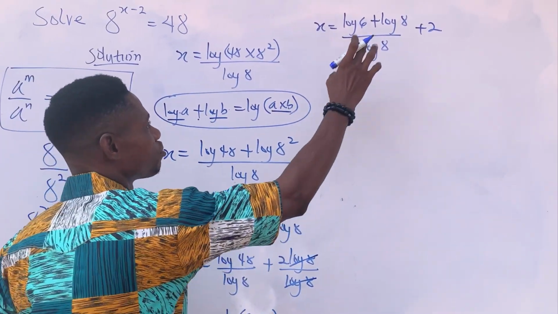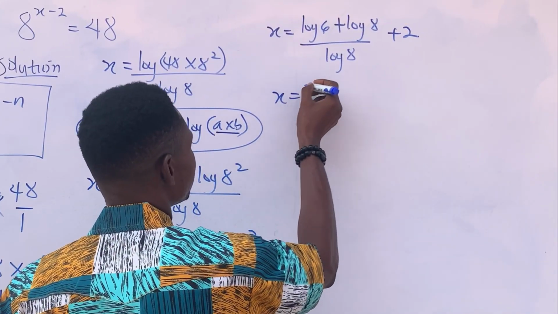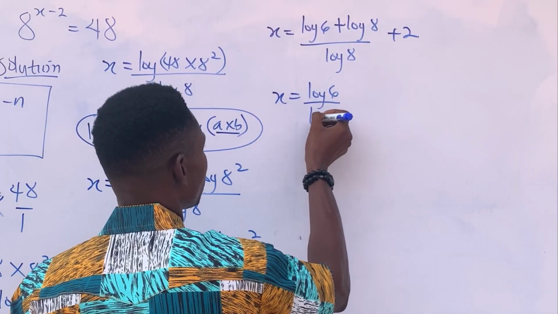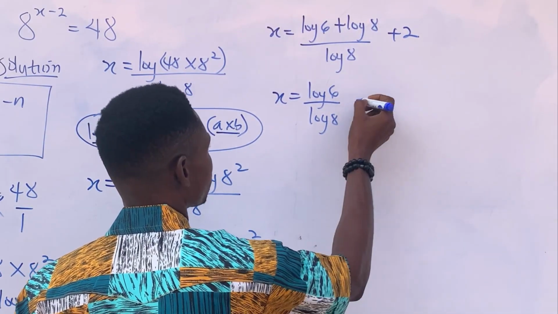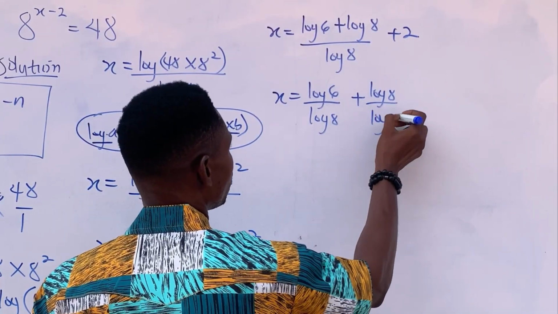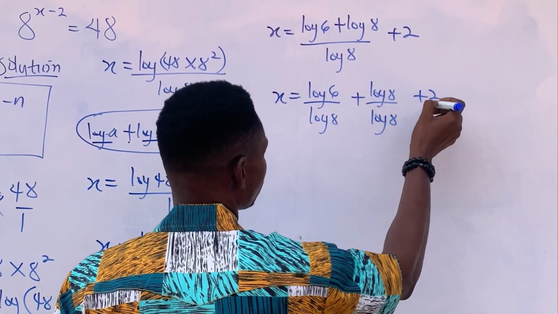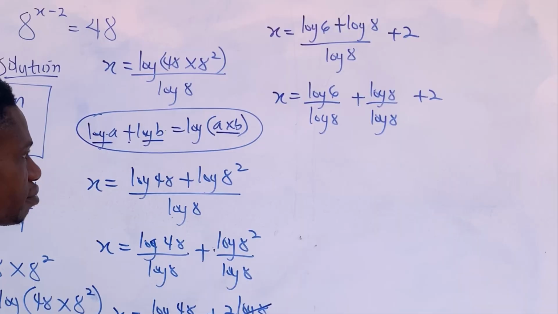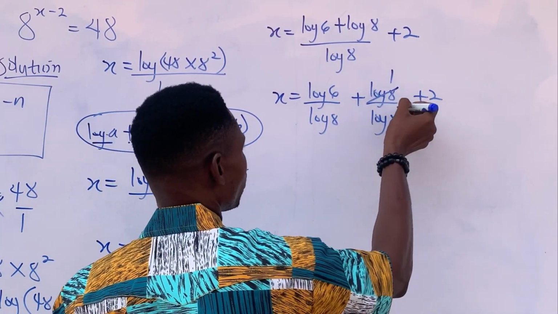Okay, so let's split this fraction again. So x is log 6 over log 8 plus log 8, the second one now, over log 8 plus 2. And now log 8 here is 1, log 8 here is 1.